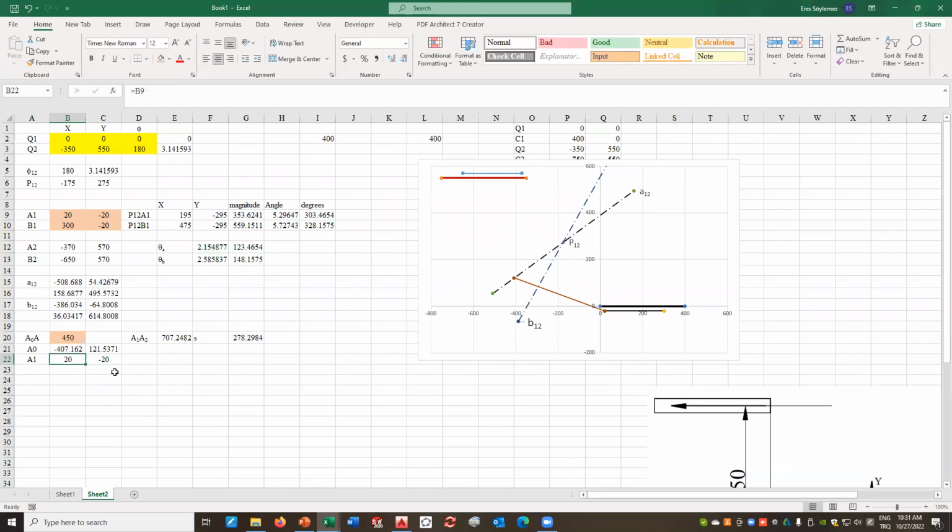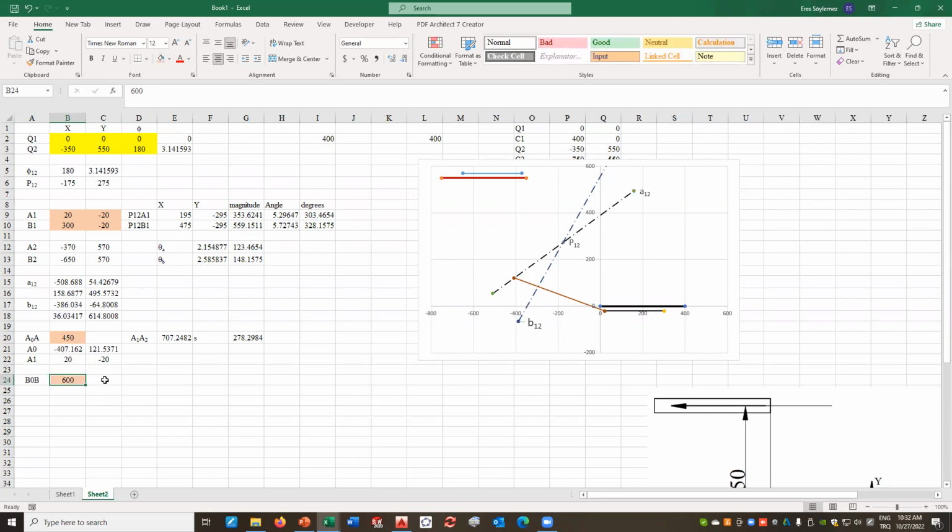Now I will repeat the same process for B. Again, I will select B0B. B0B will be a little bit bigger, 600, let me say. These values I will be changing.